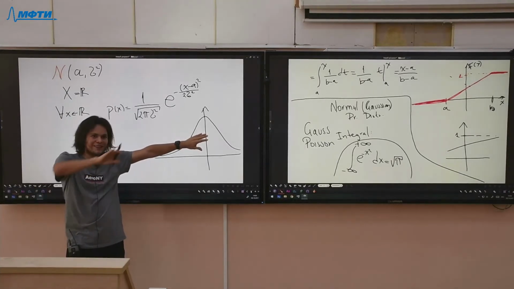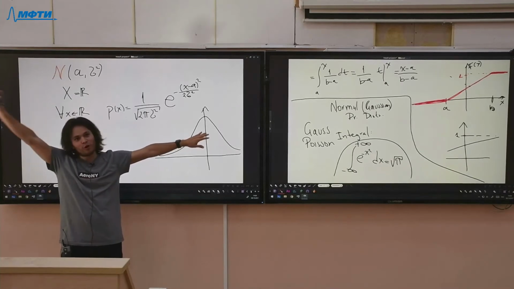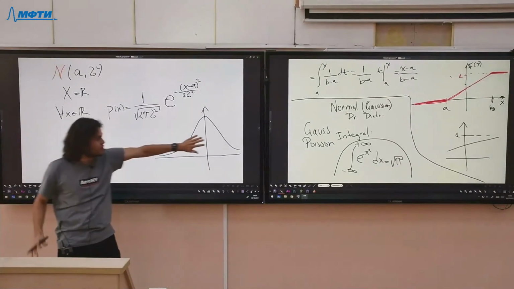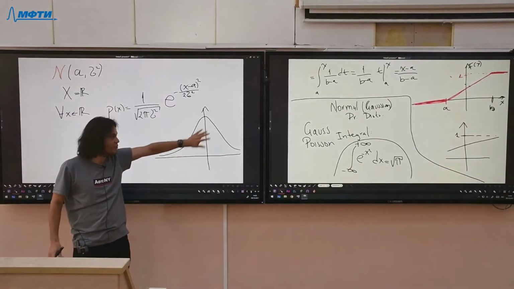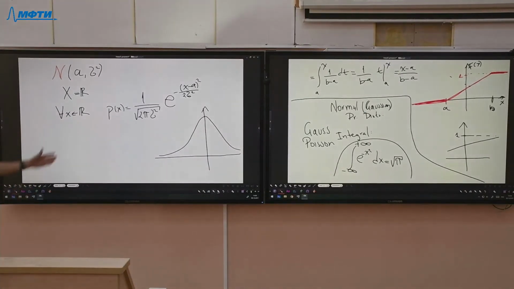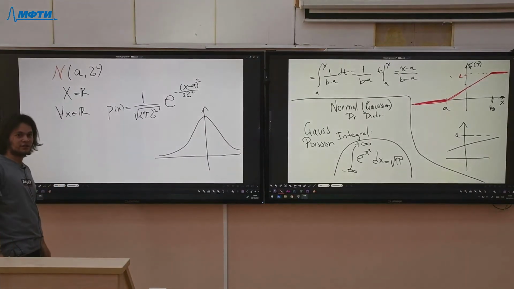So we won't need anymore these distributions because all of them converge to this distribution. So this is the most important distribution, okay? And this is the PDF of this distribution.